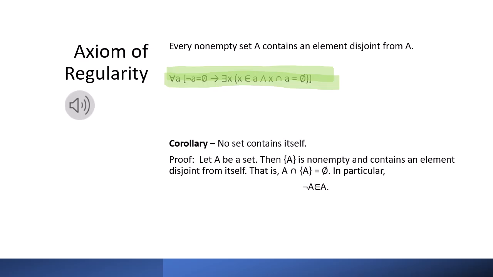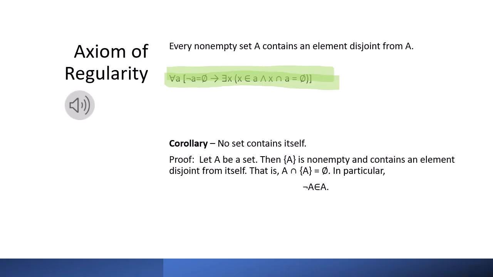It's a circle with a slash through it. Just like some of our other symbols that we've introduced, it is not part of the first order language of set theory, but we will use it here for convenience. Recall that the empty set is the set consisting of no elements.